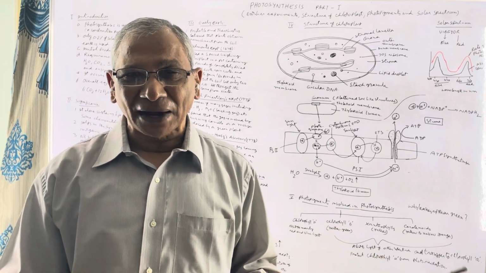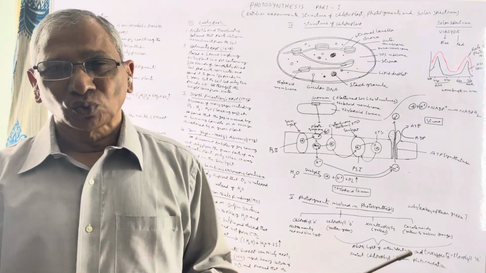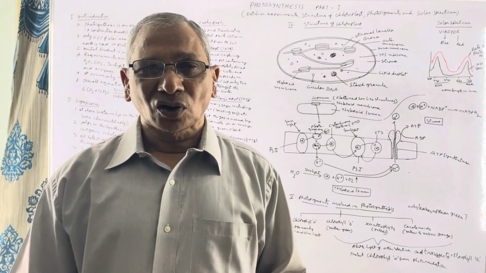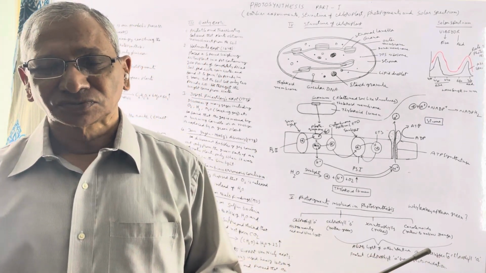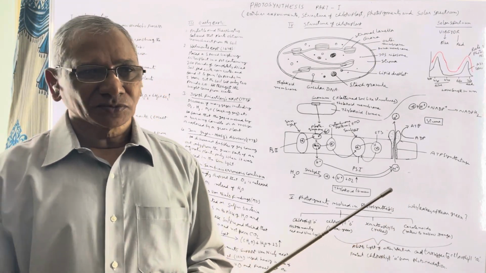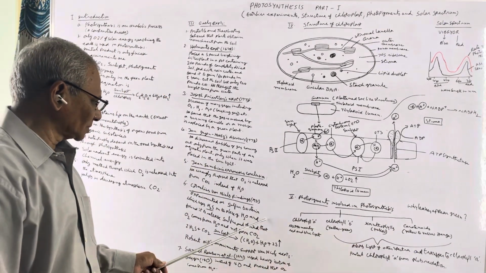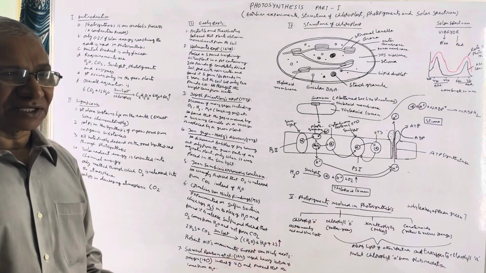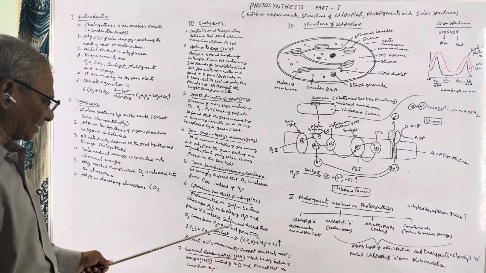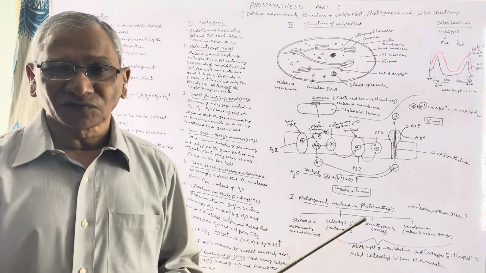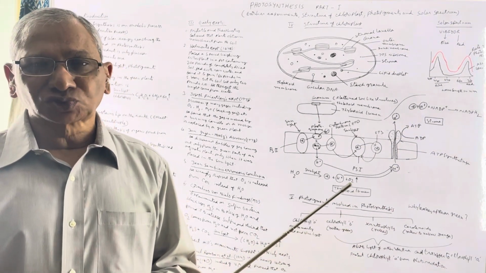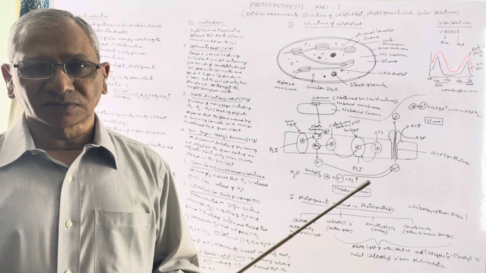There are some bacteria which do not depend on water for their photosynthesis. So here, what he did, he raised some bacteria known as sulfur bacteria. Sulfur bacteria use H2S instead of water.